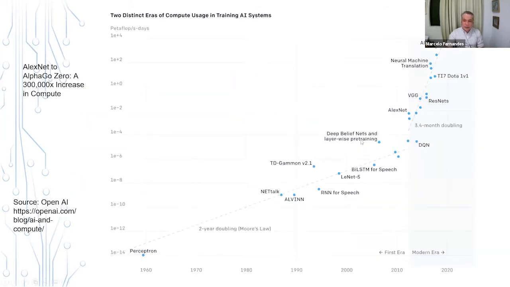This picture shows how the processing in deep learning is growing up, and you can see that today we need several petaflops a day to process.